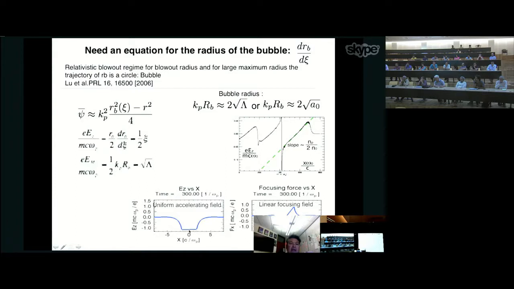Therefore, the energy spread can be controlled. In addition, the focusing force is linear, and I'll come back to why that's important in a second, but that affects the transverse dynamics of the particle beam, which affects how the emittance of the beam will evolve.